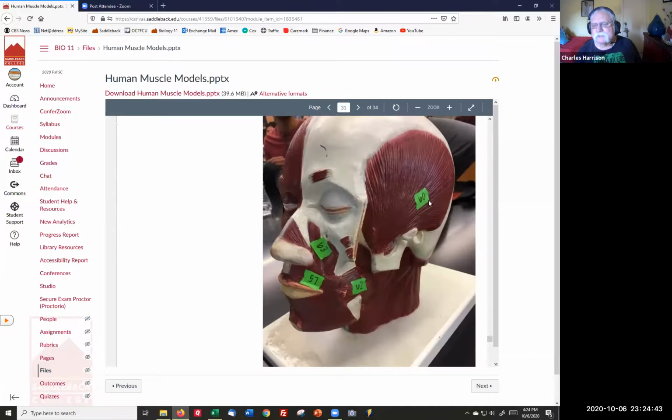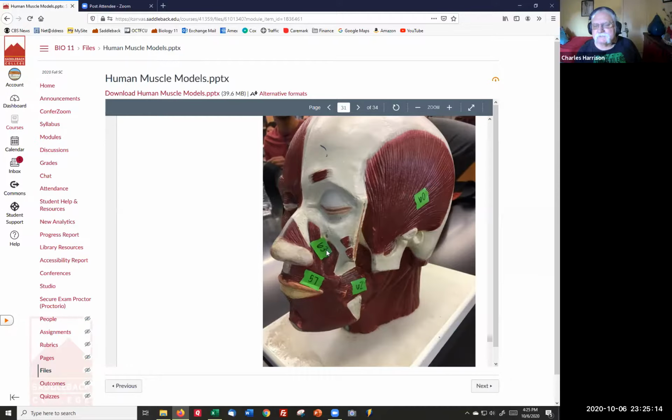On the other side, we have the temporalis, the buccinator, the lip is the orbicularis oris, the levator. I don't mind you just calling it levator actually.